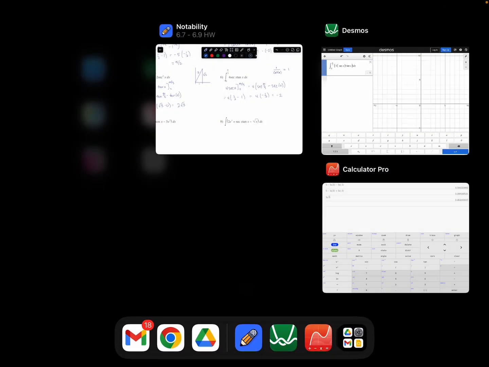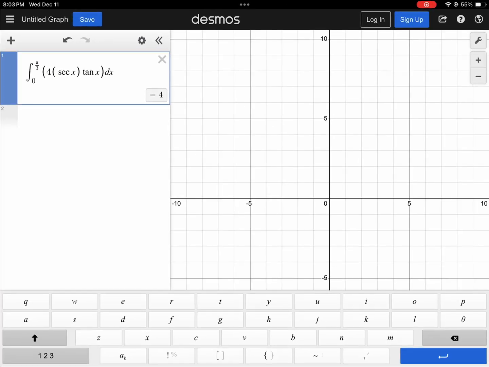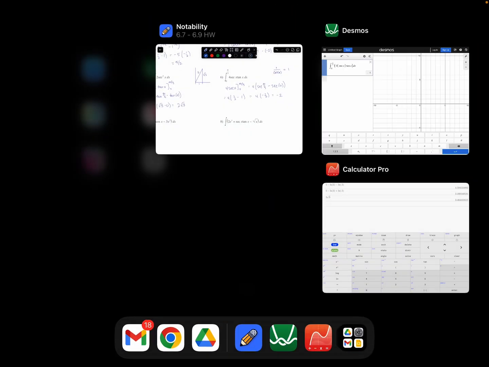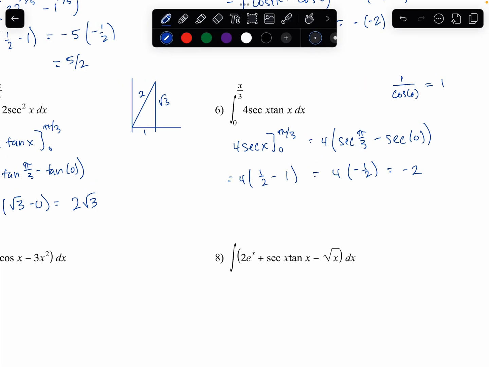Oh my gosh, this is embarrassing. 4 secant x tangent of x from 0 to pi thirds. Why is it 4? Let's see. Antiderivative. The derivative of secant of x is secant x tangent x, times 4, integrating from 0 to pi thirds.